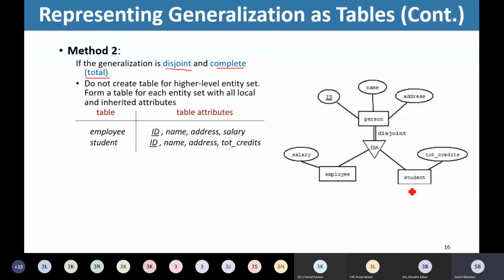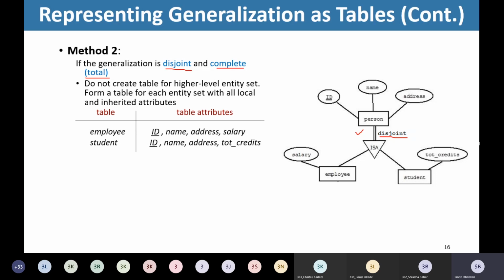Once again, we'll be referring to the same thing, but now I am having this total or complete participation, and also this specialization or generalization that is disjoint. So let us recall what we mean by total participation and what we mean by the disjoint constraint.